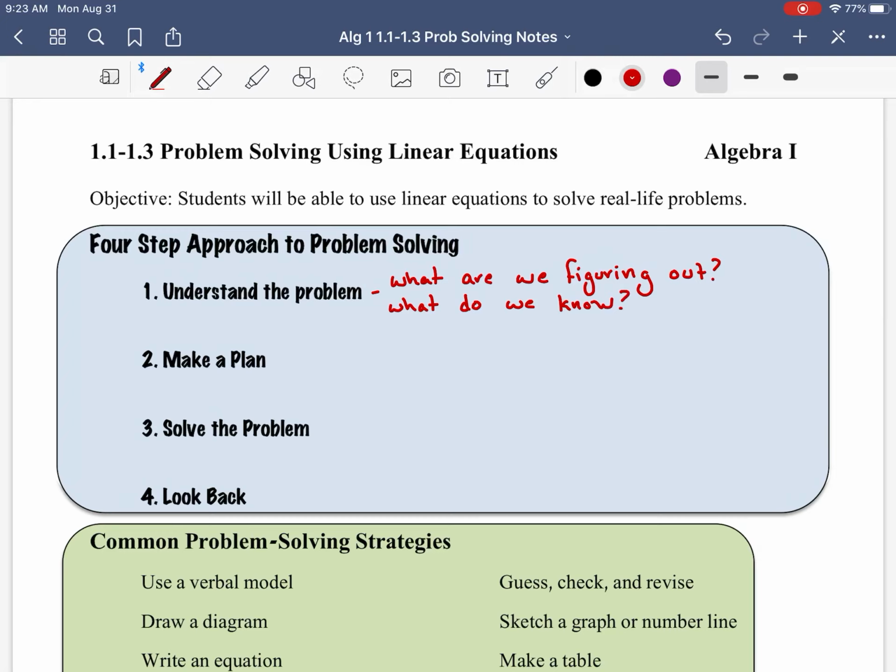Once we have that narrowed down, we can start by making a plan. Making a plan might involve using one or more problem-solving strategies, and we'll go over the problem-solving strategies below.